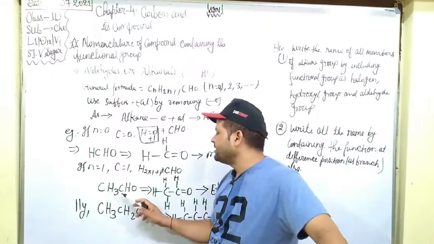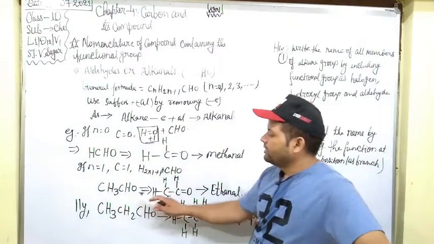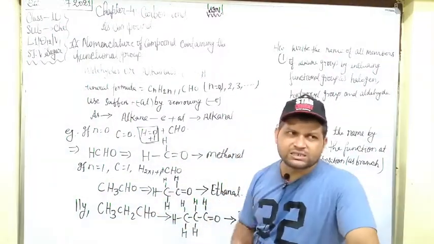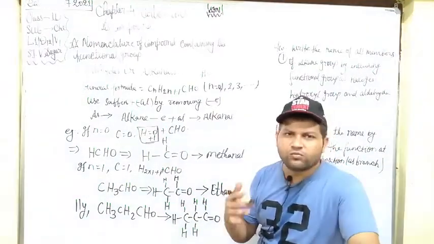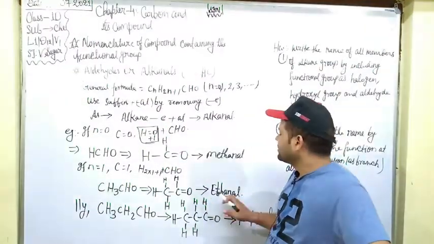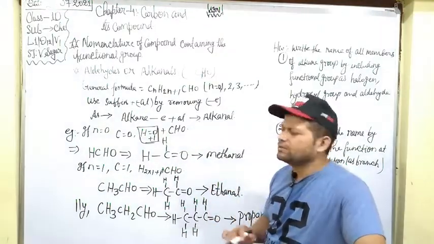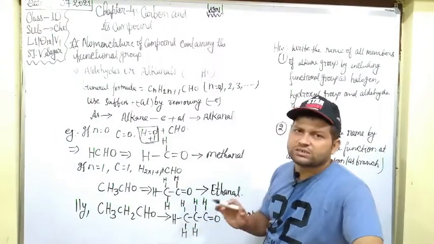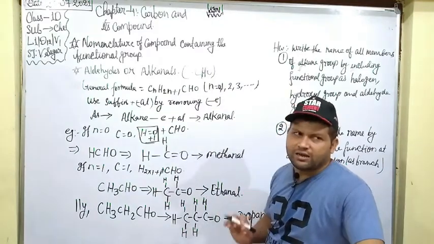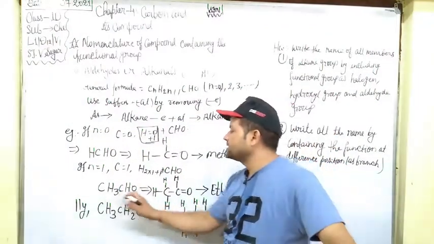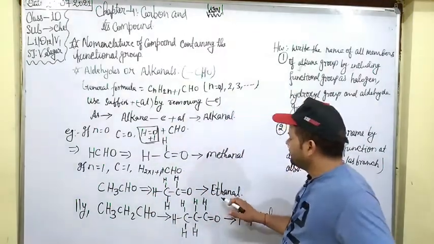Then we obtain CH3CHO, and there are 2 carbon atoms present in this chain. That's why the parent name is ethane, and we remove E from it and add L as a suffix, and we obtain the name ethanal. So the name of this compound with this structural formula will be ethanal.